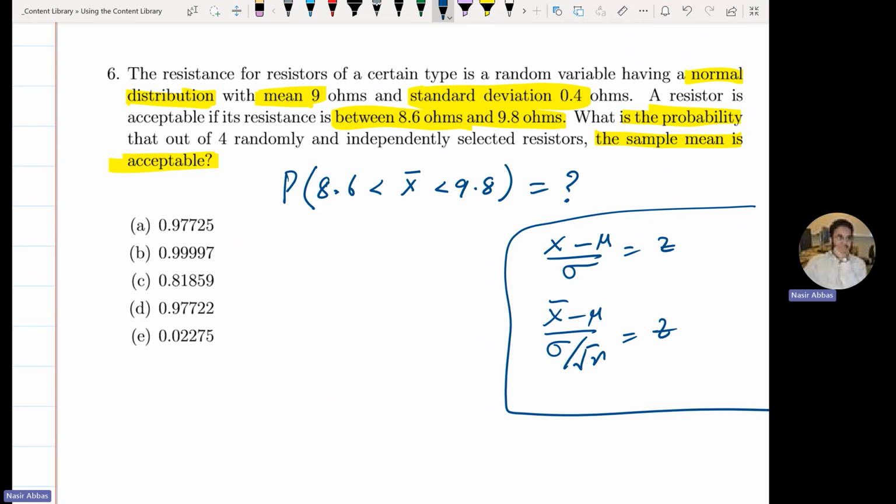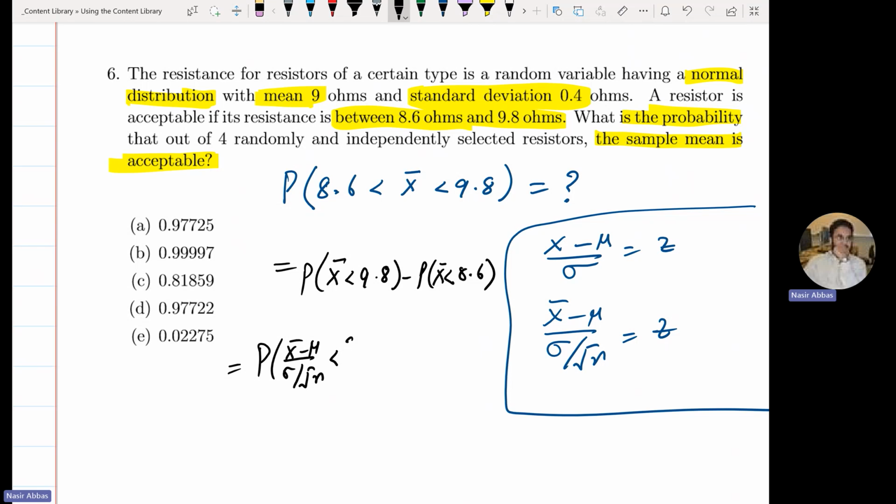So convert it to first less than. This will be equal to probability of X bar less than 9.8 minus probability of X bar less than 8.6. Convert it to 2 separate less than CDF types. Then transform it to Z. This will be probability of X bar minus mu divided by sigma over root of n.